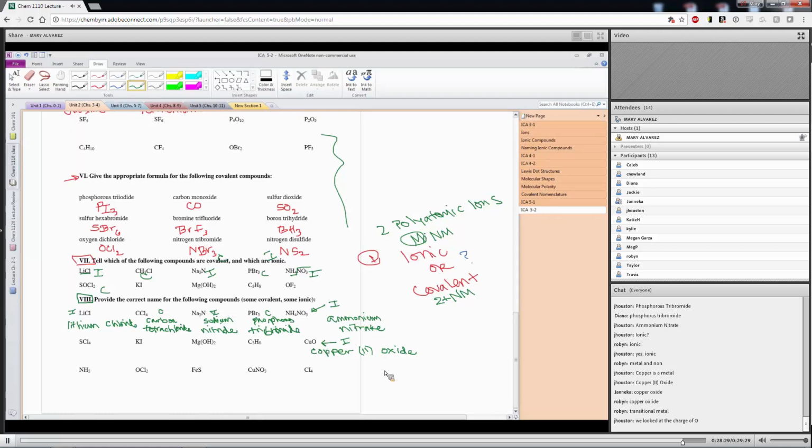We looked at the charge on the oxygen, which was -2. That told you what the charge on the copper had to be, which is +2. And it's the charge that goes in the parentheses. So that's why it's copper(II) oxide. Excellent. Don't forget those rules.